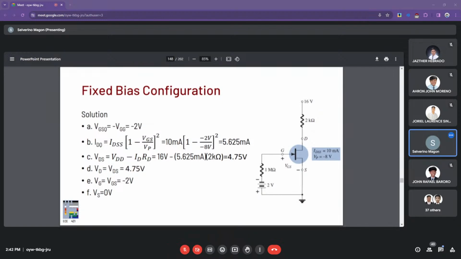Okay, so here, since we have the voltage supply at the gate at negative 2 volts, what we are saying is that since the current here is essentially zero, the gate pin essentially sees the supply as it is, without any voltage drop, at exactly negative 2 volts.